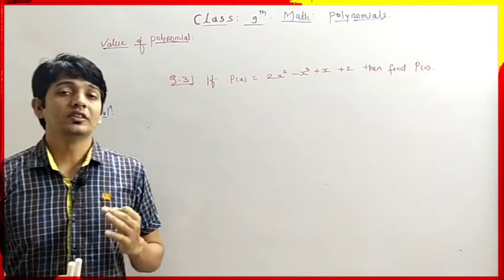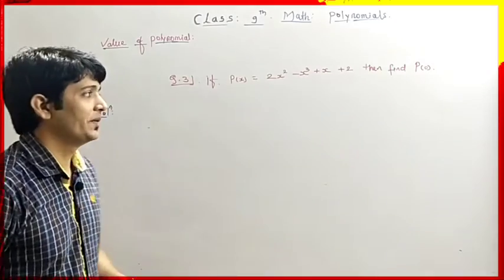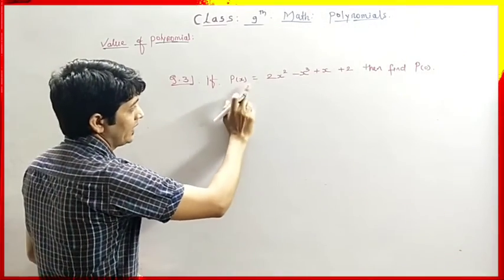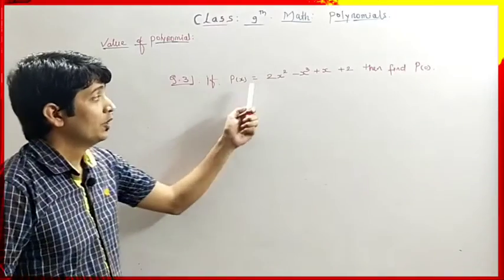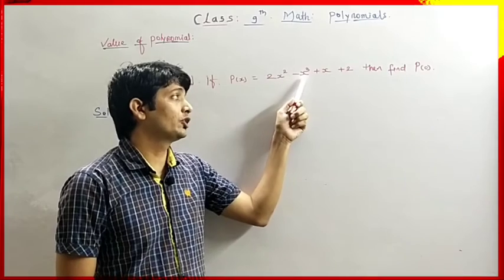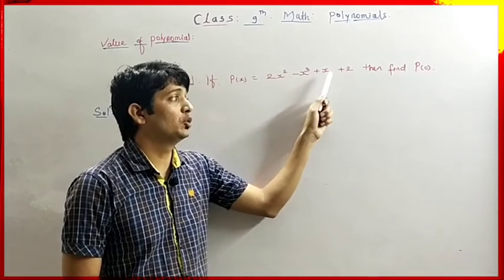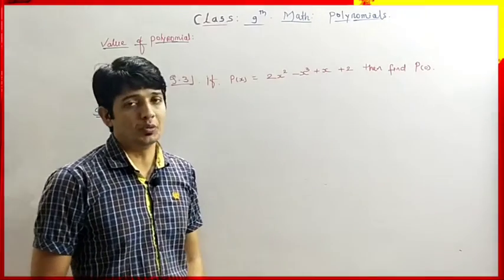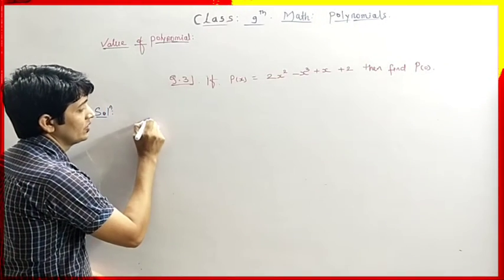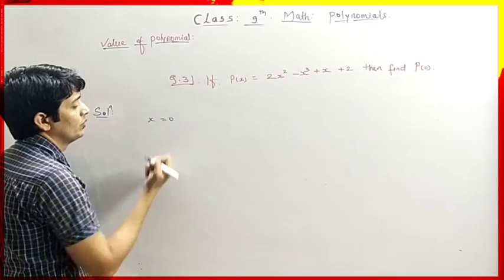Now we are going to solve the third problem of your textbook. The question is, if p(x) equals to 2x square minus x cube plus x plus 2, then find the value of p(0). So p(0) means x equals to 0.